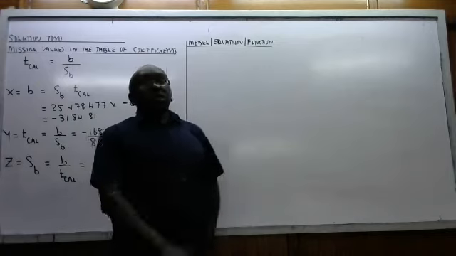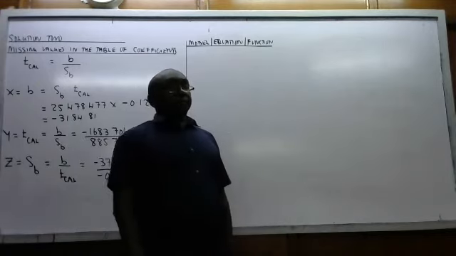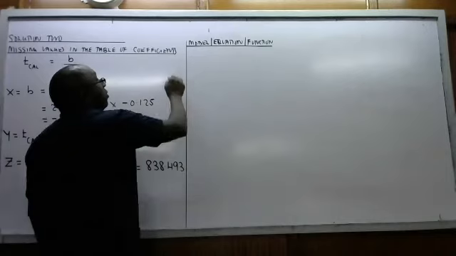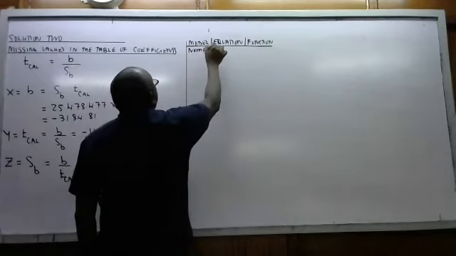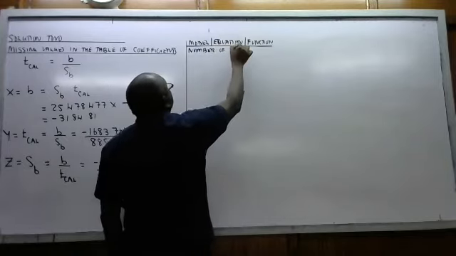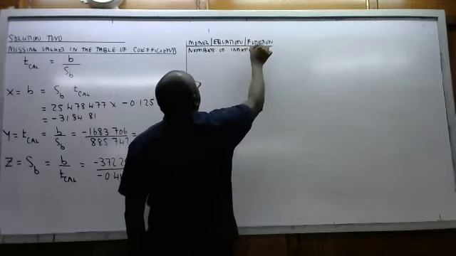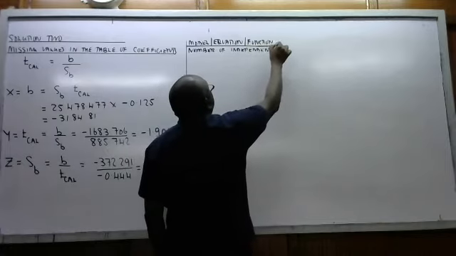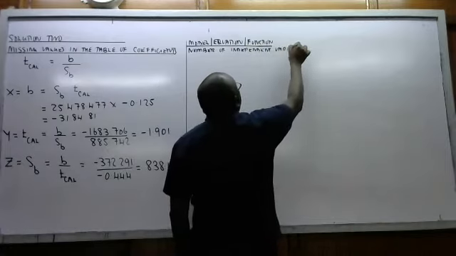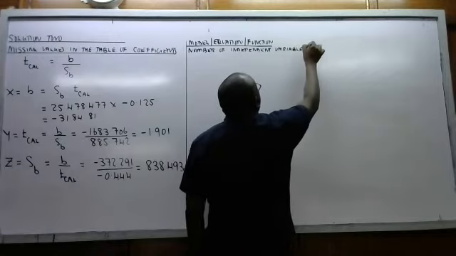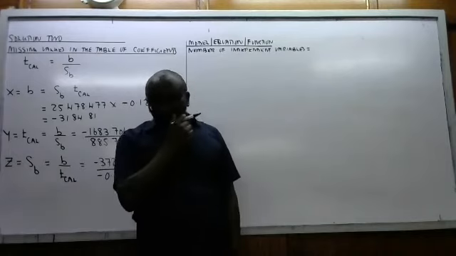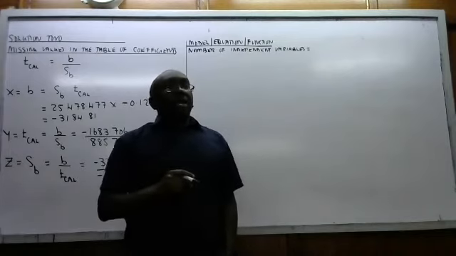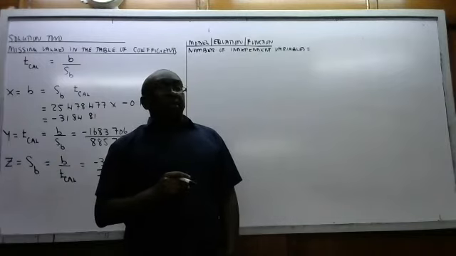So for you to know the model, you must first of all know the number of independent variables. So how many independent variables are there in that question? I told you how to look for the number of independent variables.